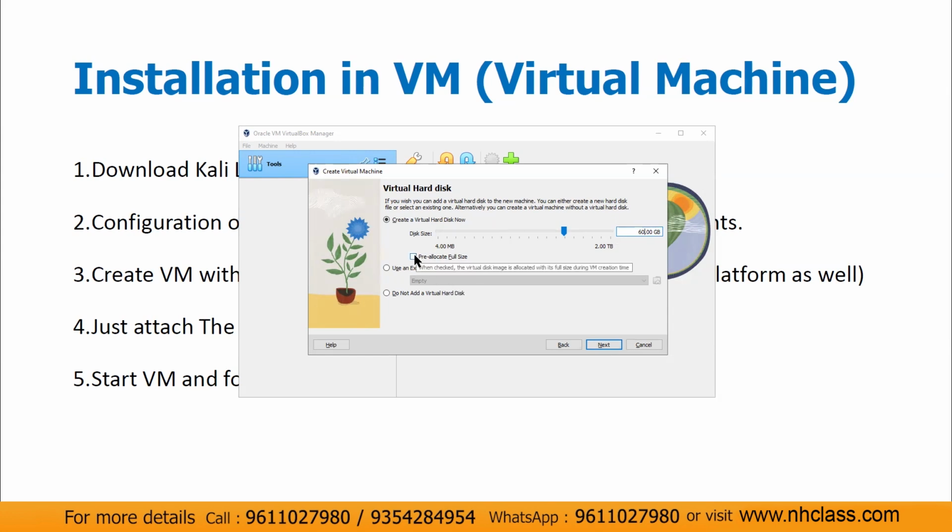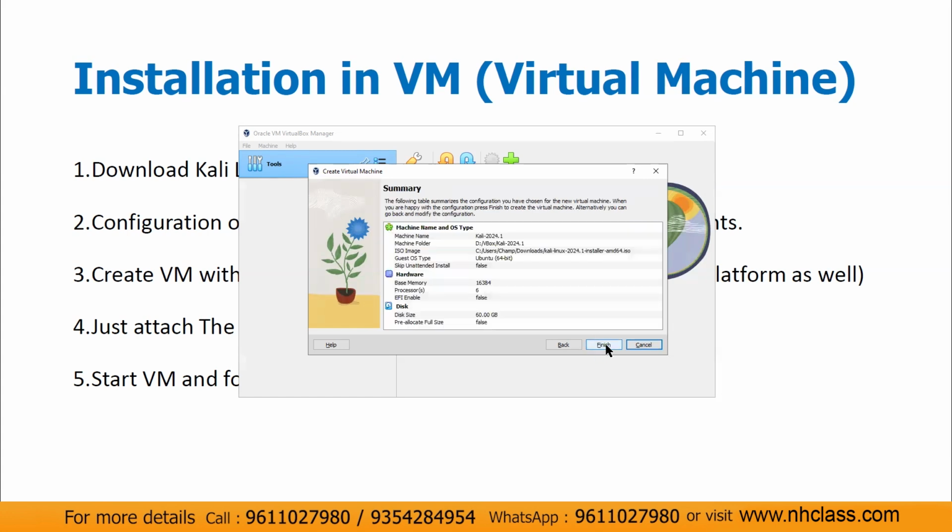When you click this, 60 GB from your current hard disk is set aside, not as a separate drive, but as one separate file used for this machine. But if you have limited space and want it to use space according to what you store in this Kali machine, up to a maximum of 60 GB, then don't click this. We don't require this, just next.